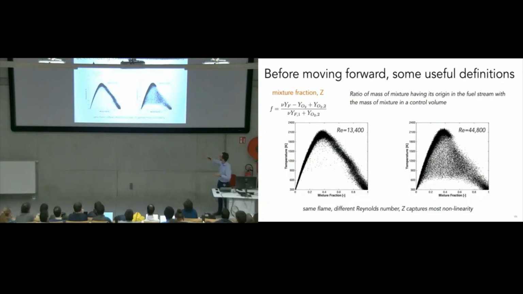It means that I still have most of the nonlinearity in the mixture fraction, but I also need other variables to explain my process. So this mixture fraction will be used in the following as a variable that best parameterizes combustion systems.